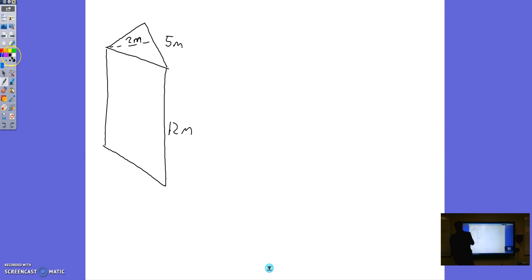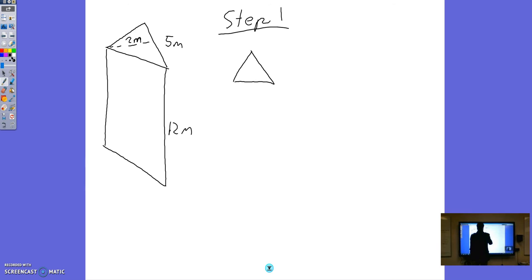So once again, step one, we find that cross-sectional area. We have got a triangle. Okay? To find the area of a triangle, we need to find half the base times the height.